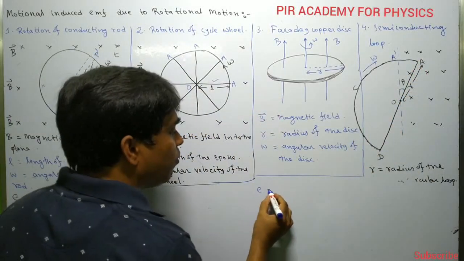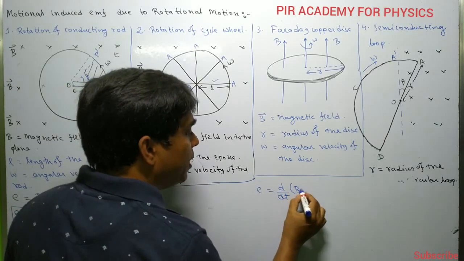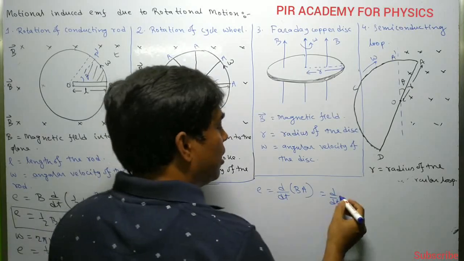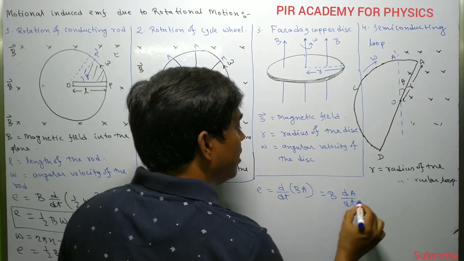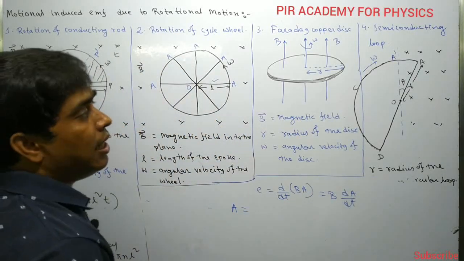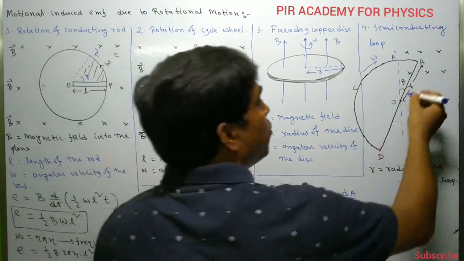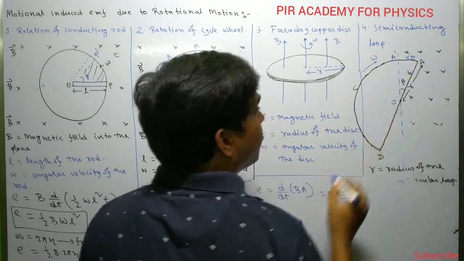Here E equals d/dt of BA. B is constant, that means B dA by dt. Here you have to calculate A, the change in area. Suppose the radius is R, and this arc length A dash will be R theta.